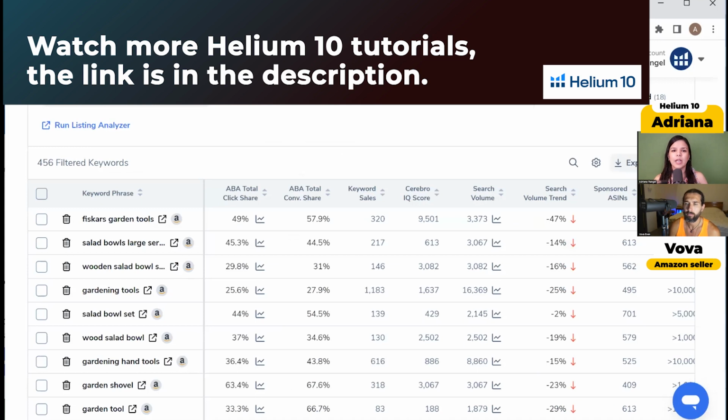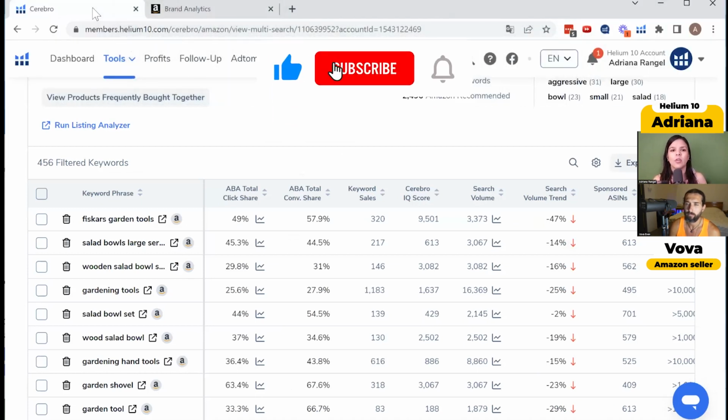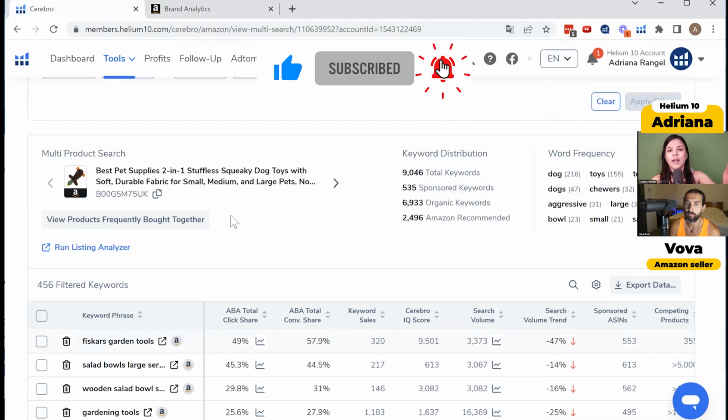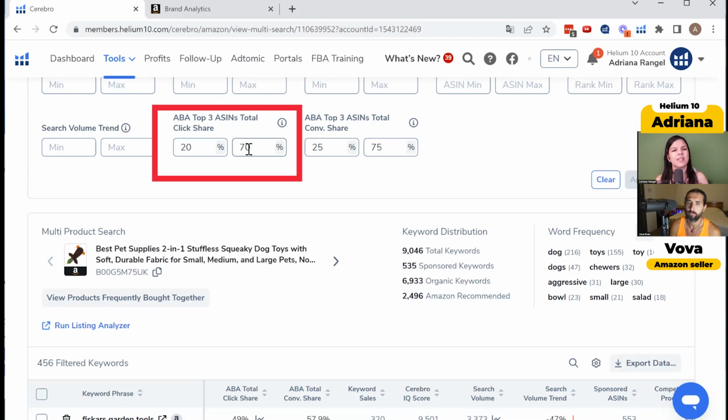So in a summarized fashion, you can see, okay, this guy over here, and you can filter this information. As you can see, I was trying to see which keywords have at least 20% of the click share taken by the top 3 ASINs as a minimum, and as a maximum 70%, because I don't want to look at keywords that are basically dominated, where the top 3 products are taking most of the sales.